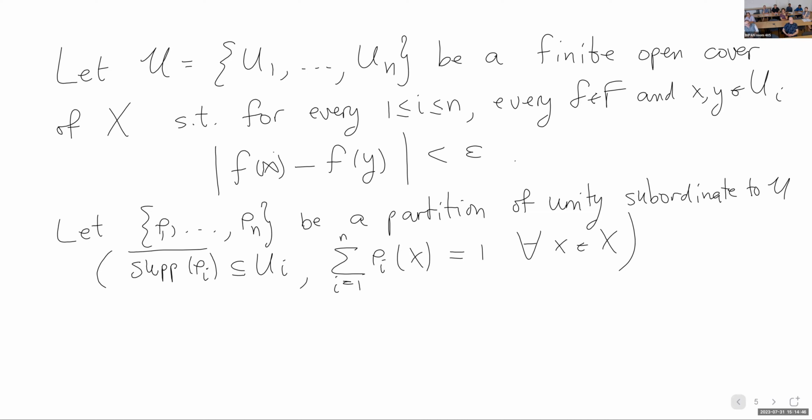Let's say I mean the closure. Then it cannot be equal to Ui. But it could be, if X is zero dimensional, for example.